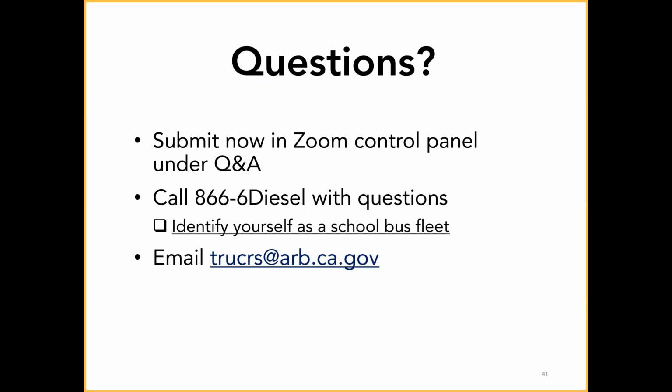So he is correct. The system is not going to let him tell us that there is an OEM filter on the engine. He will have to report the bus with the compliance path of none, and then send an email to the TRUCRS email address that's on this slide with your TRUCRS ID, the VIN number, and a picture of the engine control label or emission control label.